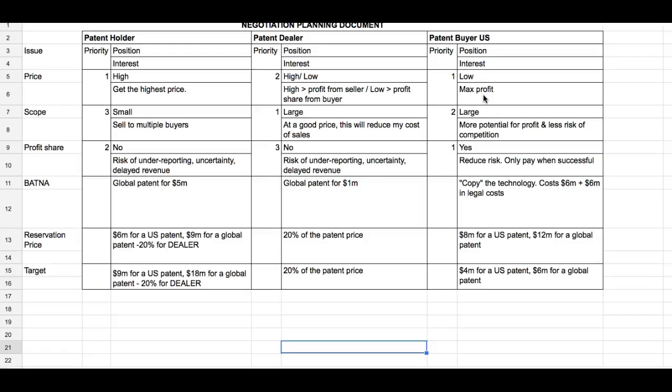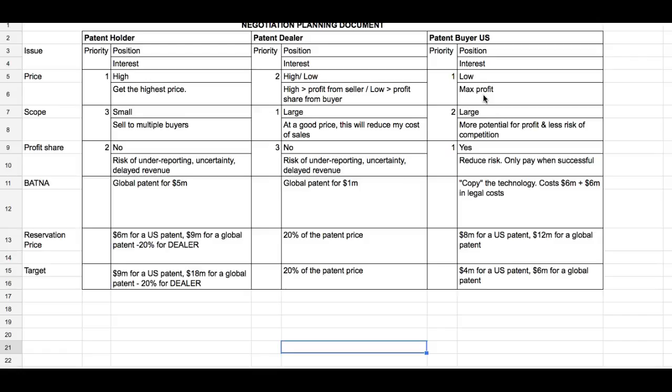So let's say that the patent is sold for $5 million. It wasn't paid by the holder, so the buyer pays. Let's say the buyer pays $5 million for the patent. My question is, this patent dealer gets money from the patent holder, not from the buyer.